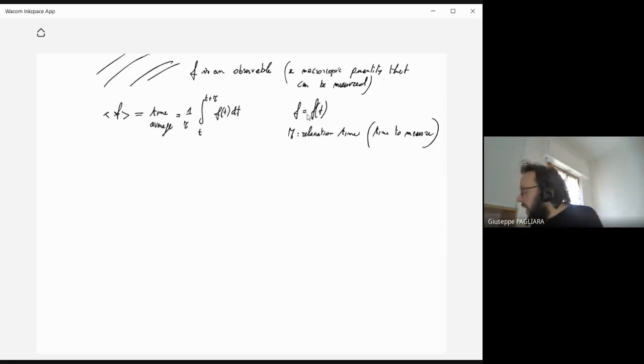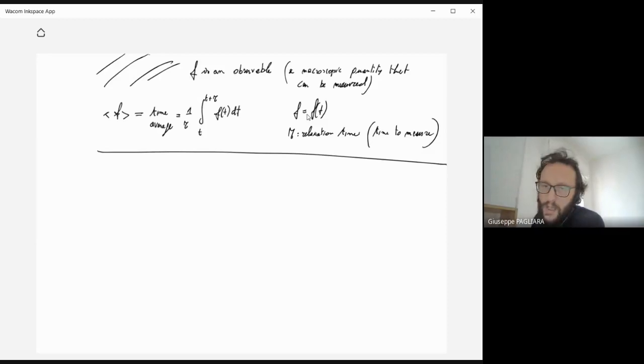Okay. Now, the main hypothesis of statistical mechanics, and in particular of this ensemble theory, is that this average over time, which is something that is difficult to compute from the theoretical point of view, can be substituted by an average over an ensemble.